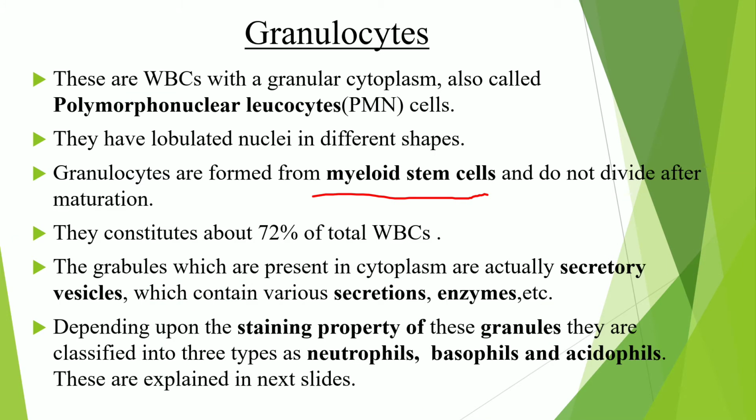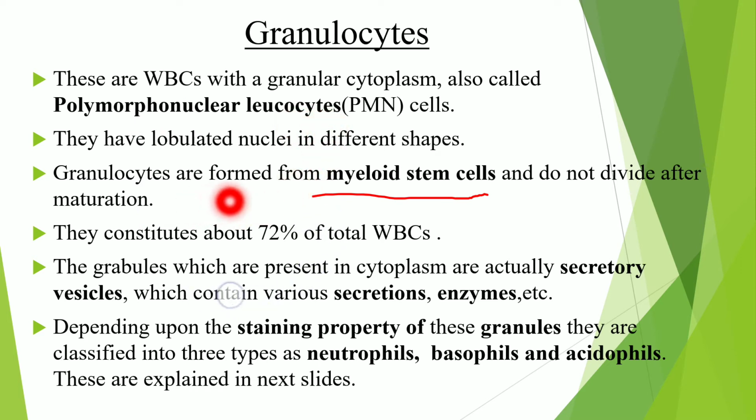Now see the granulocytes. So these are the WBCs with granular cytoplasm, and hence we also called as a polymorphonuclear leukocytes or PMN cells, because the nucleus have many lobes having different shape, hence it is also called as a polymorphonuclear leukocytes.